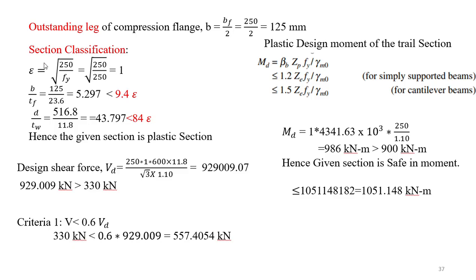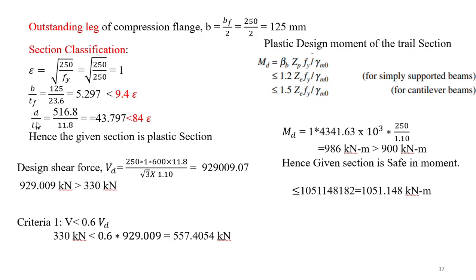Before classifying this section, we have to find the width to thickness ratio of the flange, and this value should be less than 9.4 times epsilon, whereas epsilon is nothing but the square root of 250 by Fy, which is 1. And the B by thickness of the flange ratio we get is 5.297, which is less than 9.4 epsilon.